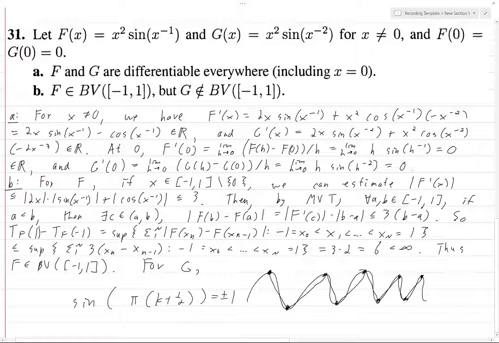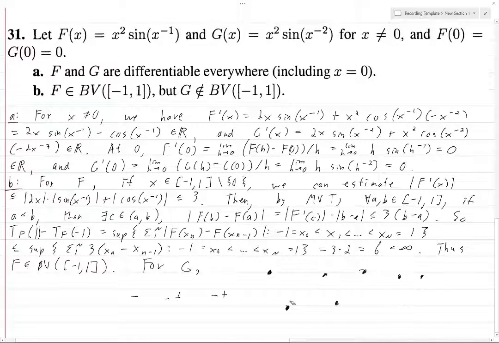That's because sine of pi over 2 is 1, at the top of the unit circle, and if you add another pi to the argument, it brings you halfway around the circle to the bottom, so you'll be at minus 1. If you keep adding integers, you're going to land at 1 or minus 1. And so these pi times (k plus 1/2) is what we're going to want to work with.